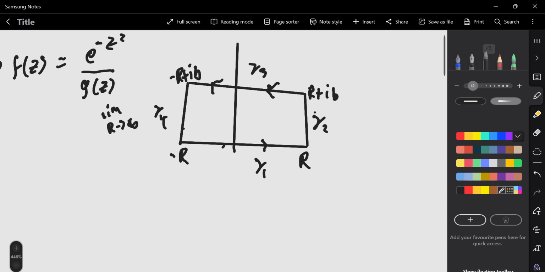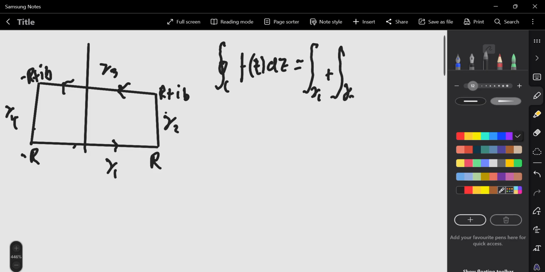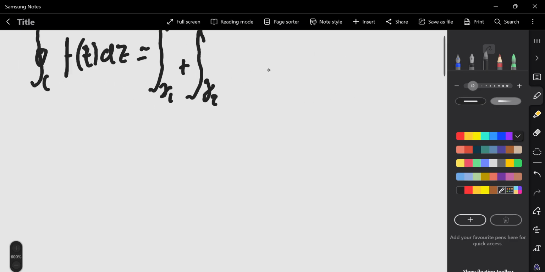Okay, so what is our contour integral now? Our contour integral is going to be the function f of z, dz. It is the integral over gamma 1 plus the integral over gamma 2, and so on. I kind of have to write these out for completeness' sake.